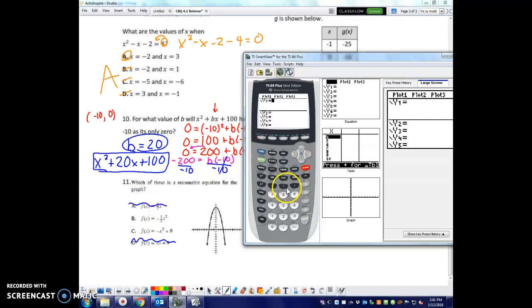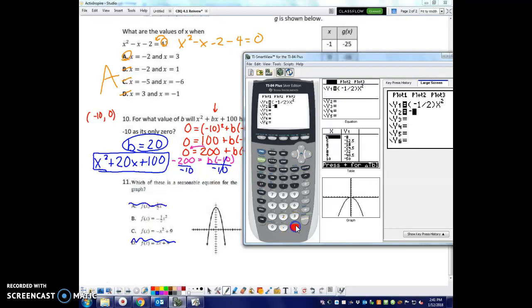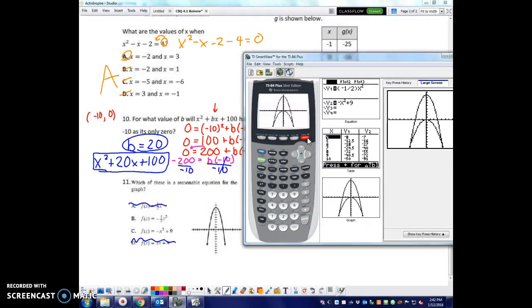So we have negative 1/2 x squared, and then the second graph is going to be negative x squared plus 9. So hit graph. There's our first one, and there's our second one. Which one is it? It's the second one.